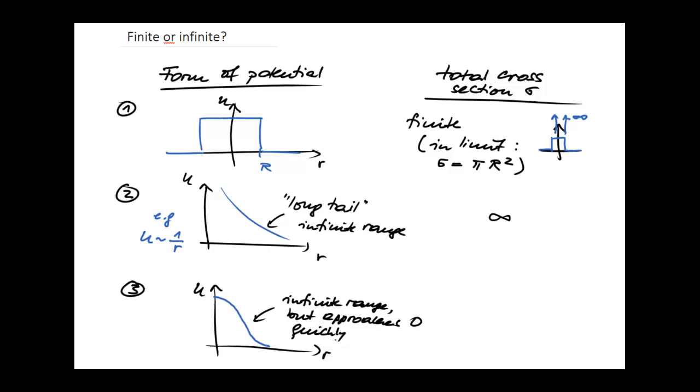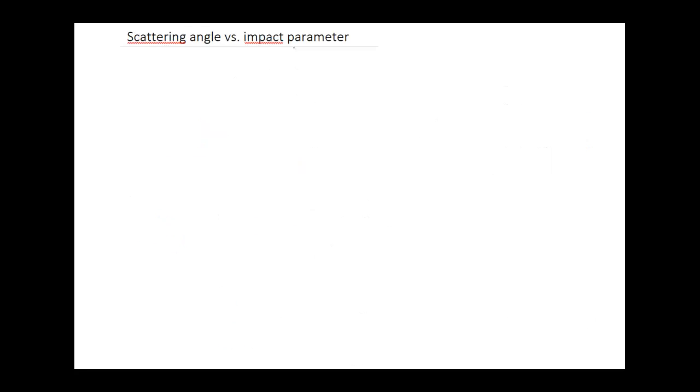Then it may happen that the total cross-section is infinite, but it may also happen that it's finite. It really depends on the shape of the potential. The important variable here in such a scattering experiment is the scattering angle, theta.